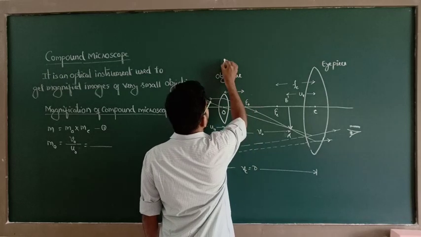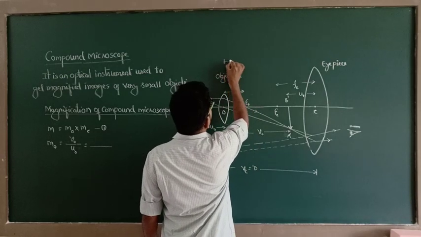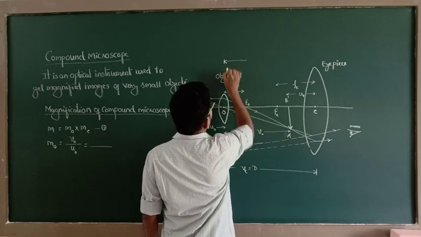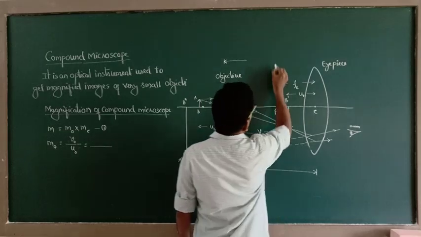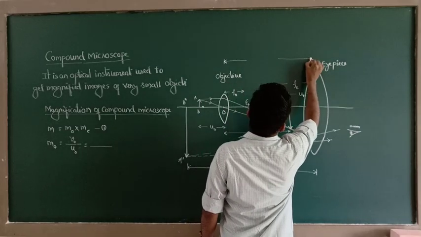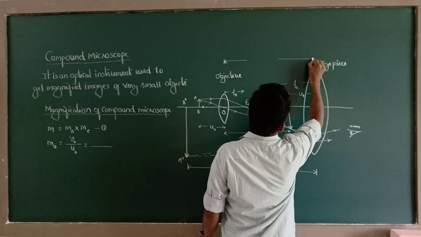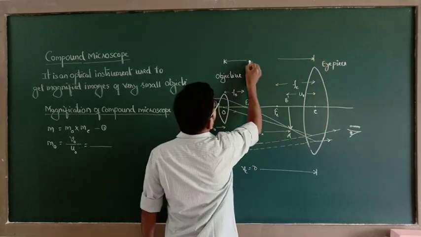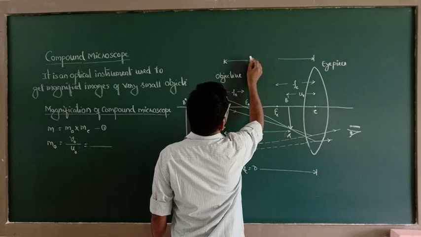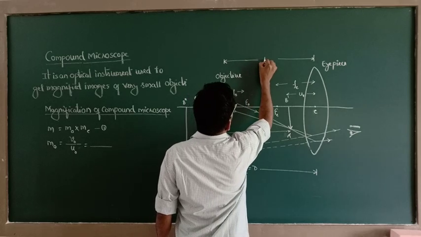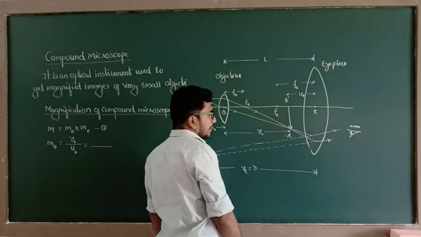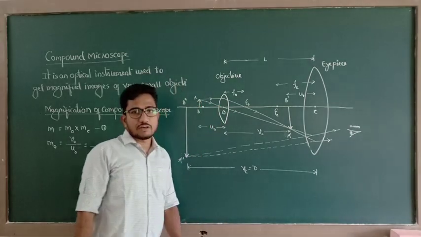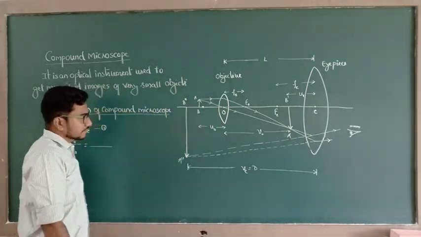This distance is known as the length of the compound microscope, and it is represented by capital L. So here capital L is nothing but the length of the compound microscope.